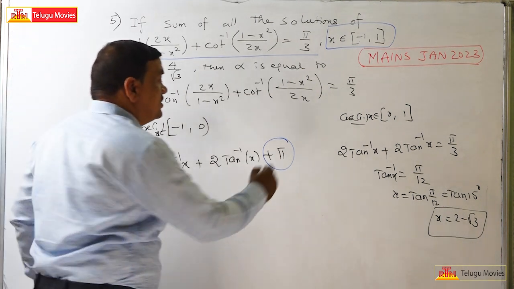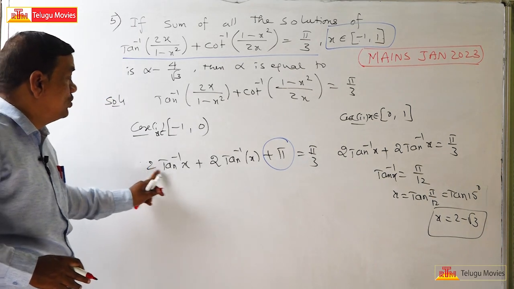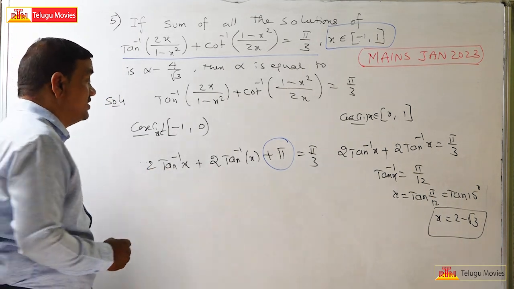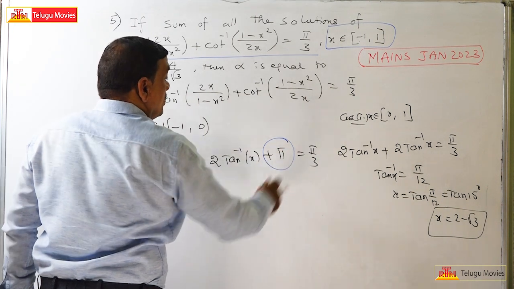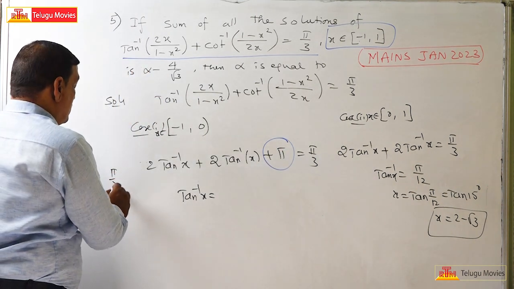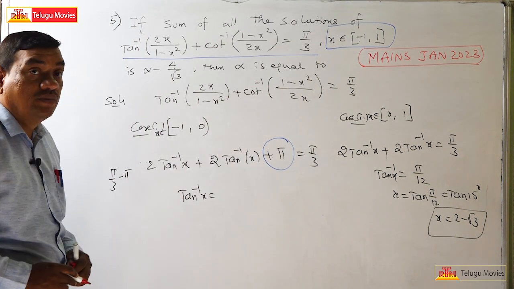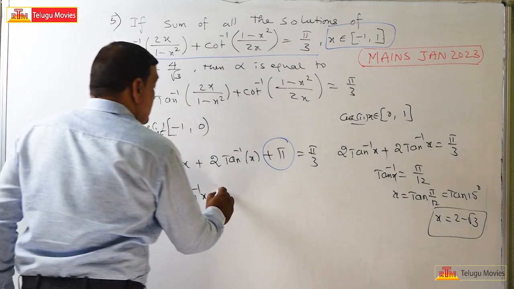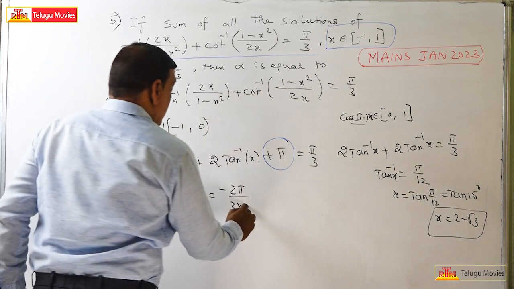Okay, now? So this is equal to pi by 3. So 2 tan inverse of x, this is equal to, now tan inverse of x is equal to pi by 3 minus pi. So this is equal to minus 2 pi by 3, into this 2 will come here.